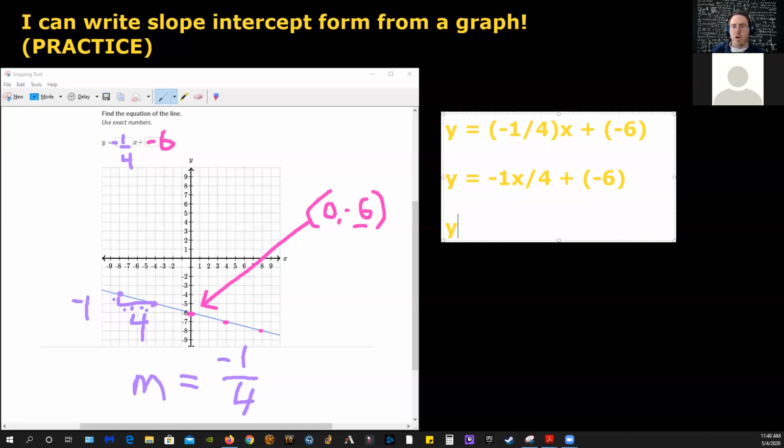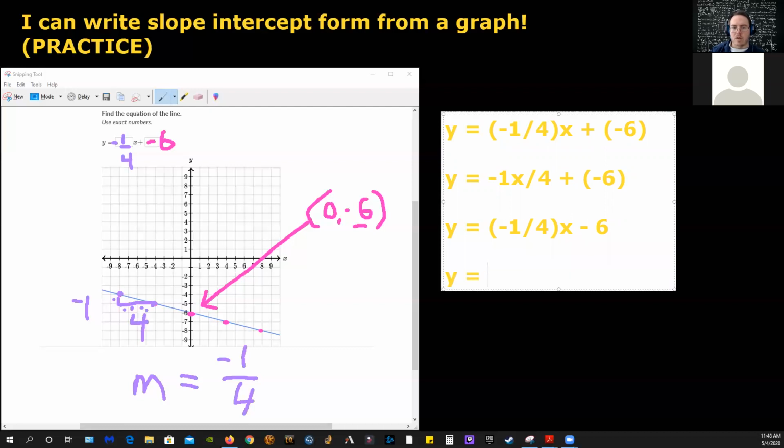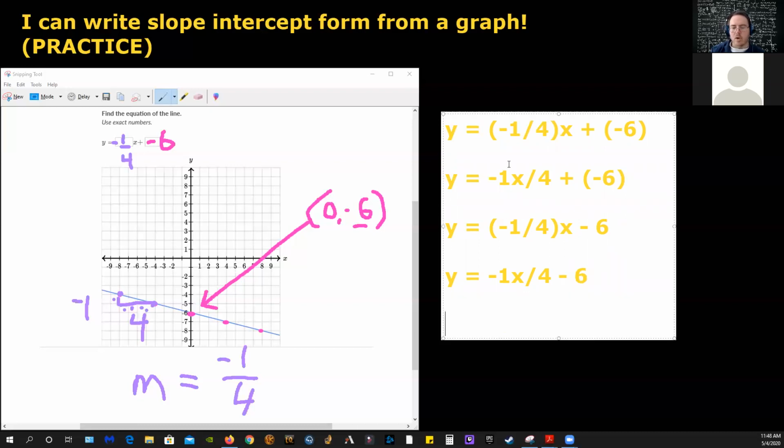I guess I would accept y equals -1/4 times x minus 6. That's the same thing. y equals -1x/4 minus 6. Those would all be acceptable answers. They're all right. Is there any other way to write that? I don't think so. No, I think that's about right.